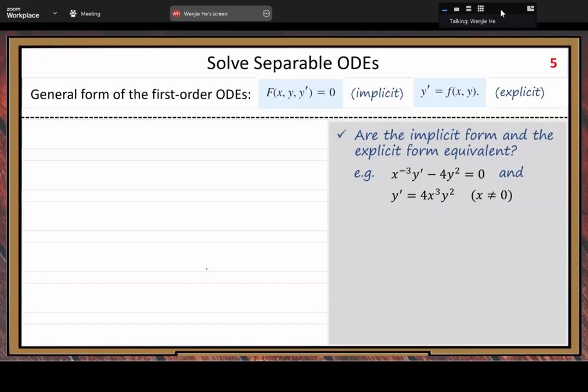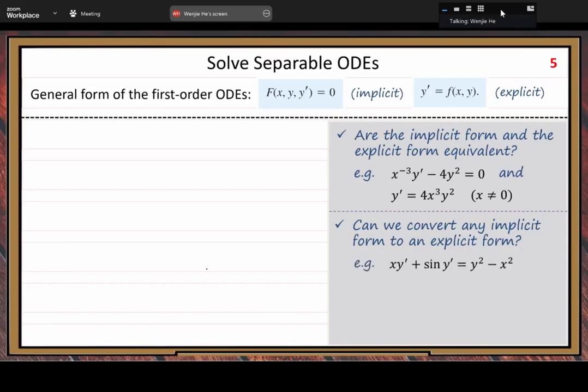But for some relatively hard ones, look at this one. A little harder. How do you write y prime equals some function explicitly? You cannot, because this y prime is inside a sine function.